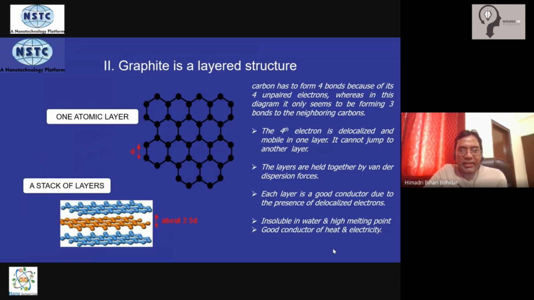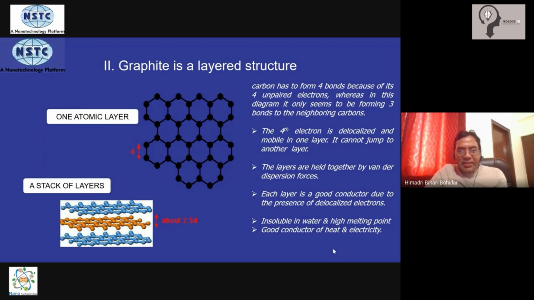And the delocalized electron, because it's not required for any binding purposes, can roam around on the lattice freely. So if we apply a voltage between the 2 ends of the graphite, then the electrons will move, giving a current to it.